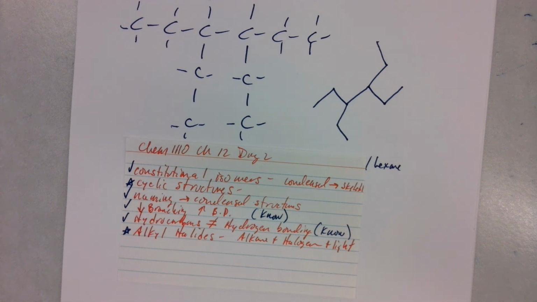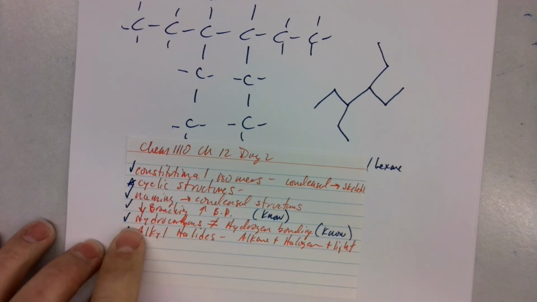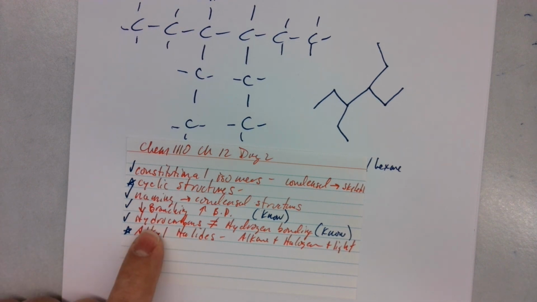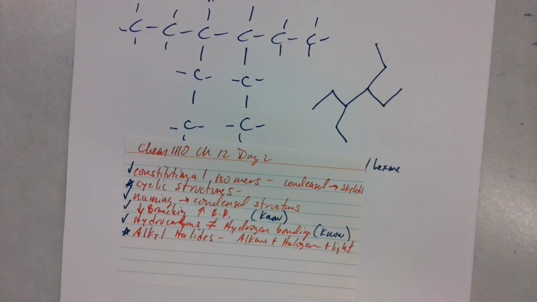The highest boiling point would be no branches. Then one branch, then two branches, then three branches. That's just something you need to know because there's a question on the test about that. And there's also a question that hydrocarbons don't exhibit hydrogen bonds because there's no H on an F or N.